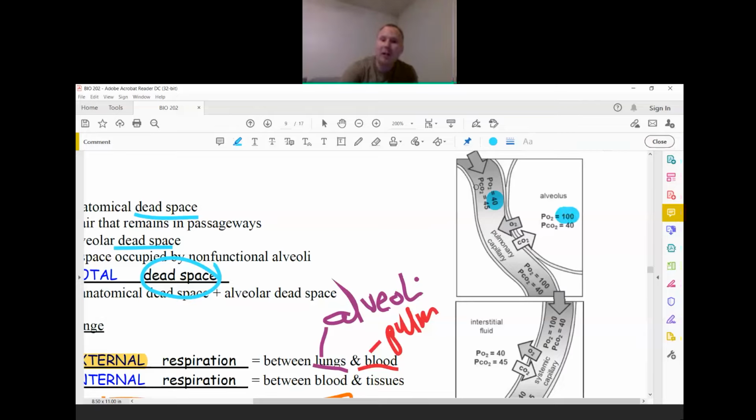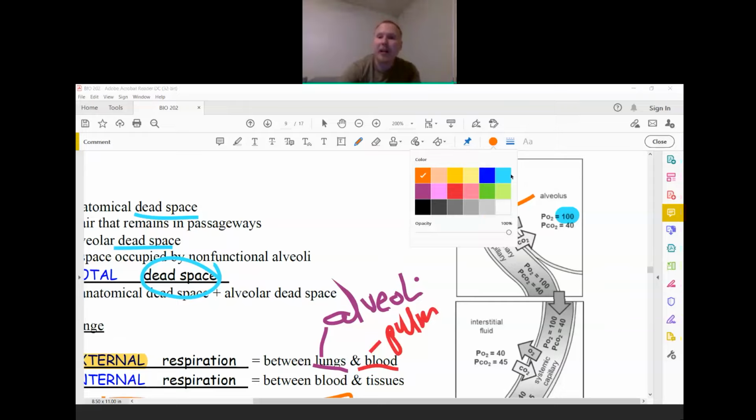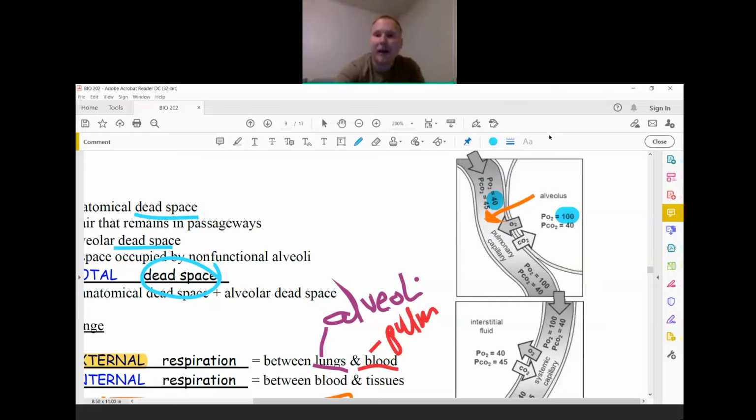Whereas the air around us is going to be 100 millimeters of mercury. So much higher. So for that reason, we went from an area of high to low. So oxygen is going to be moving from the alveoli to the pulmonary capillaries, to the blood in the pulmonary capillaries.